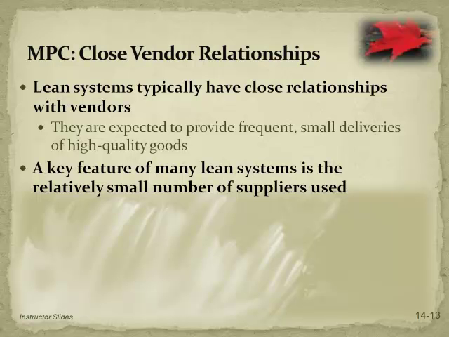In fact, in many cases we may want to give these vendors additional privileges to actually come into our plant and bring the materials out on our production floor. That's done quite often, especially in the automotive industry. We might also want to implement vendor managed inventory, which we'll talk about in just a minute.